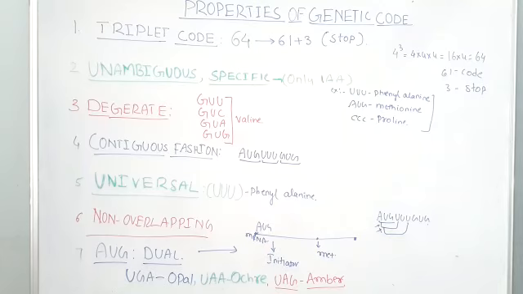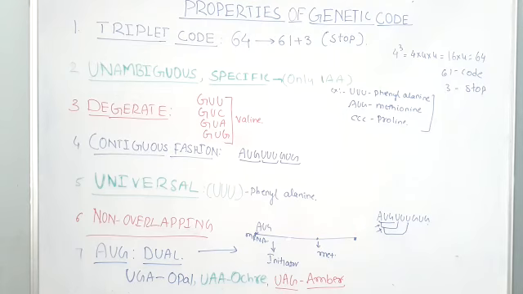Not only does it initiate the process of translation, it is dual in nature. Dual means double. What is the other function of AUG? AUG not only functions as the initiator codon, but if AUG comes somewhere in the center, then it is going to code for methionine continuously to form the polypeptide chain, until the translation reaches the terminator codon.